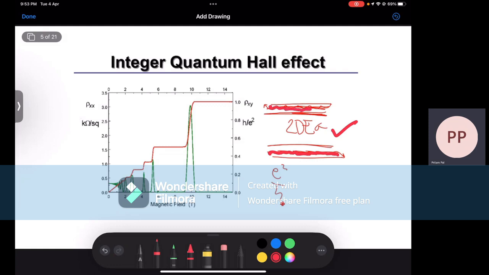This is the edge of the system, right? And in the quantum limit, they just become wave functions that are bound to the edges and form one-dimensional channels.